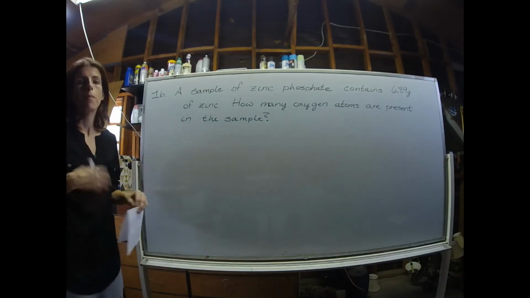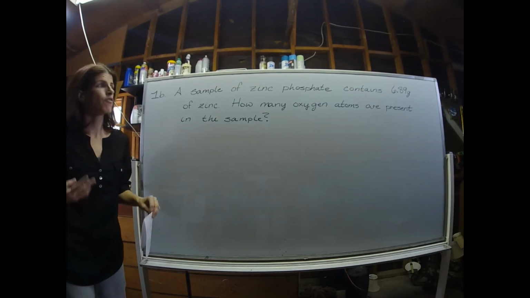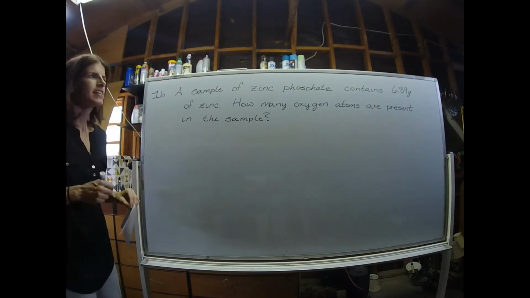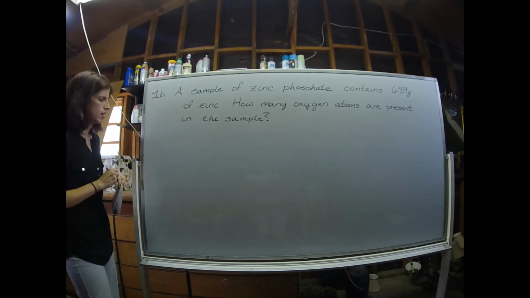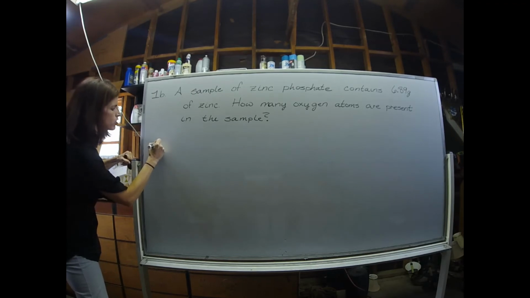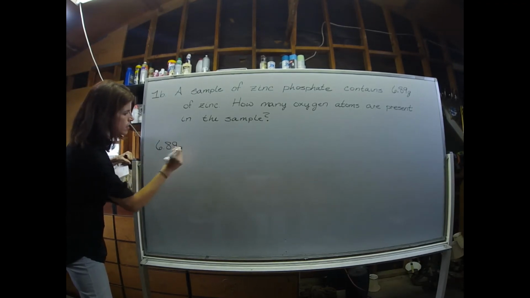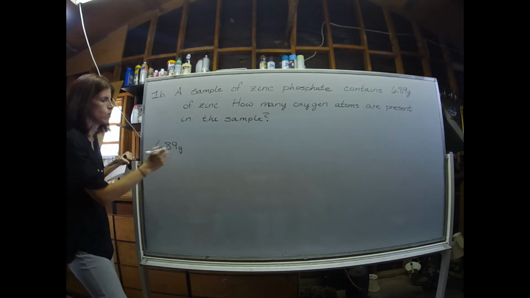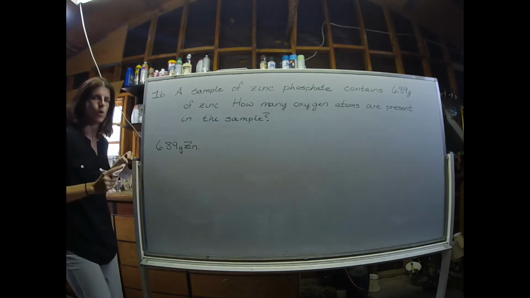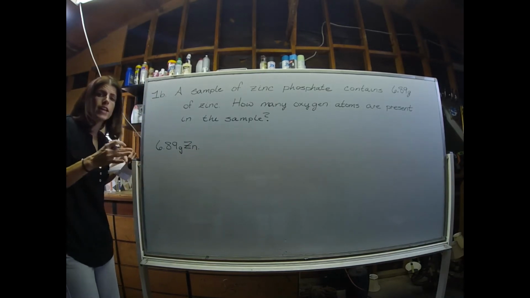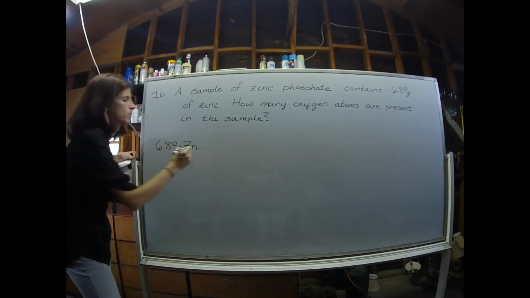Another problem about zinc phosphate, this time we're asked to solve for the number of oxygen atoms in a sample that has 6.89 grams of zinc. That's the piece of information I'm going to start with. And it's super important here to note that we're just talking about the zinc in the sample. Granted, the whole thing is zinc phosphate, but somehow they just got the mass of zinc.